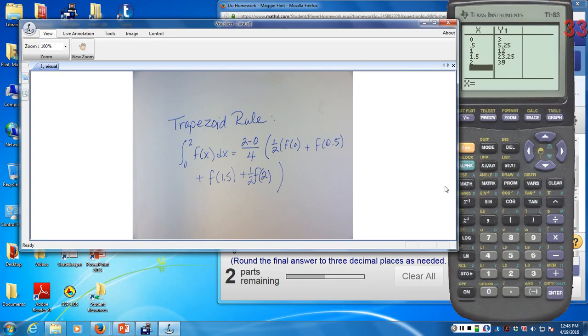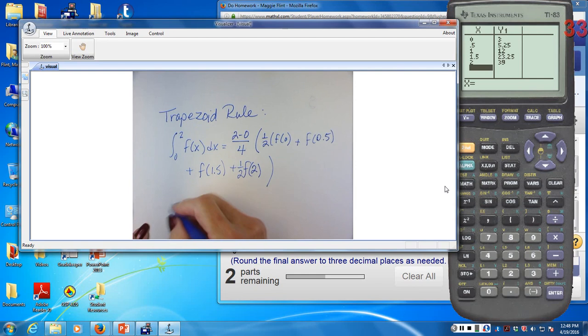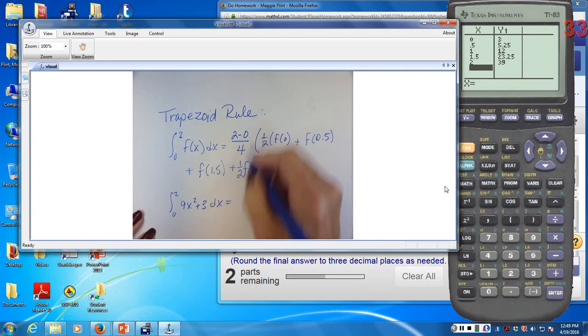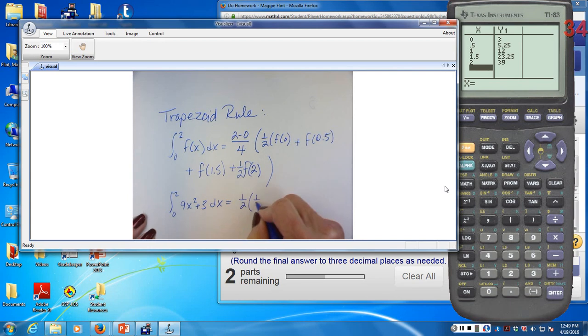So then, using the values out of the calculator, the integral from 0 to 2 of 9x squared plus 3 dx is equal to 2 minus 0, which is 2, over 4, which is 1/2, times 1/2 times 3, plus 5.25, plus 12, plus 23.25, plus 1/2 times 39.